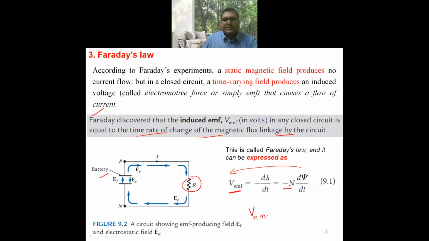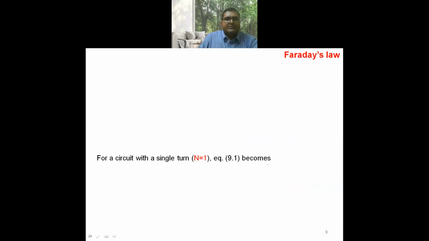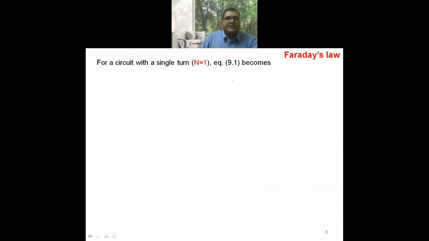Once again, I will rewrite VEMF is equal to minus N d psi by dt. Here, this psi is the magnetic flux linkage by the circuit. And if the value of N is equal to 1, the previous equation will become VEMF is equal to minus d by dt of psi, that is given by equation 9.4.